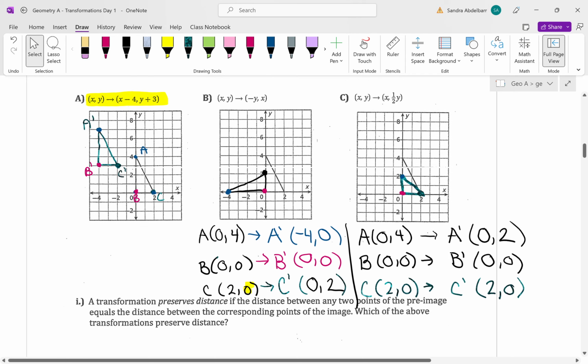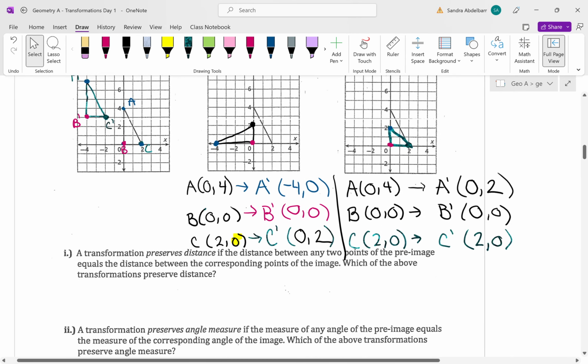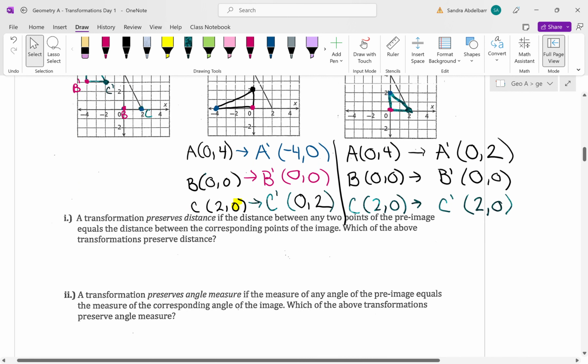Okay, so now we're using the above A, B, and C to answer these questions. A transformation preserves distance if the distance between any 2 points of the pre-image is equal to the distance between the corresponding points of the image. Which of the above transformations preserve distance? Let me explain what that means.